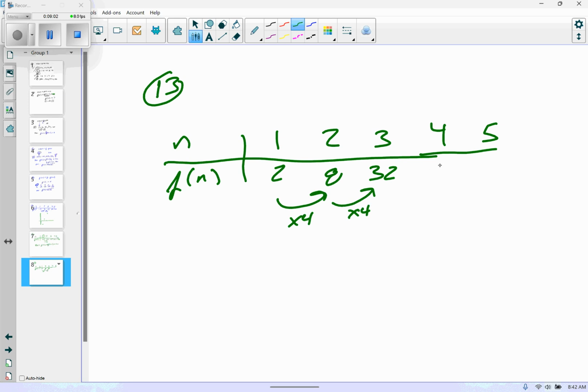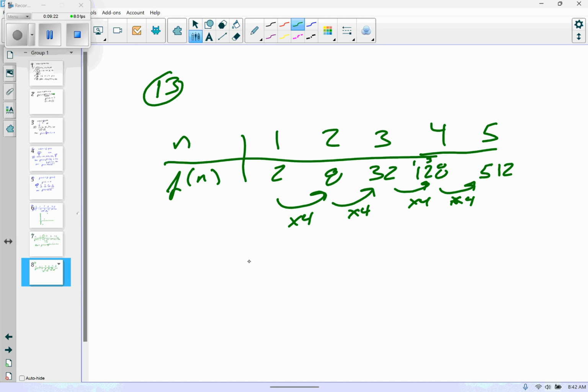Okay, so 4 times 32, that's 8, 128. Multiply that by 4 times 4. So that's 2, carry the 3, 8, 9, 10, 11, carry the 1, 4, 5, 12.